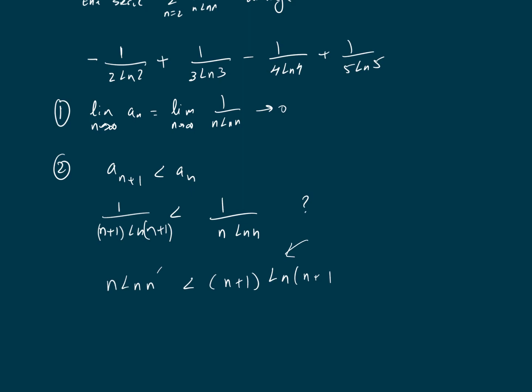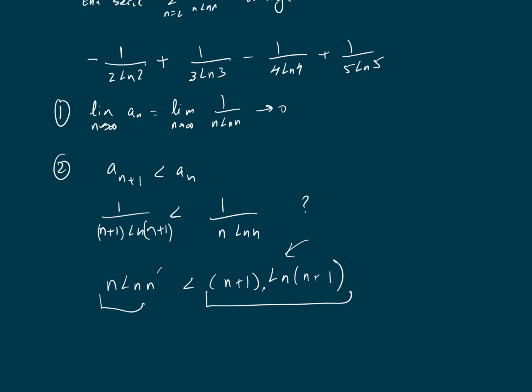Of course it is greater. Because here I have n, and here I have a bigger number, n plus 1. And natural log is an increasing function, so the natural log of n plus 1 is even bigger. So it's true that this product is bigger than this product. So the two conditions are met.